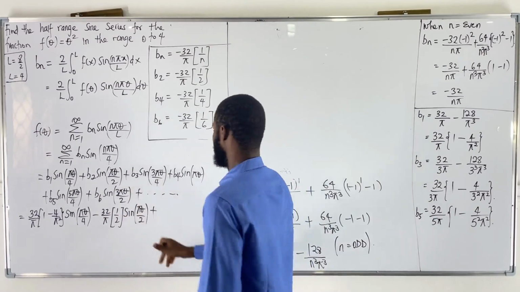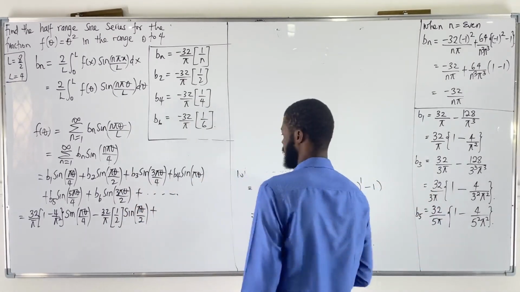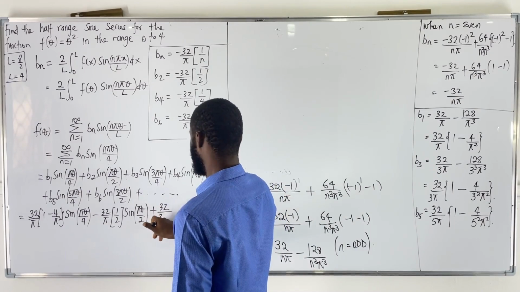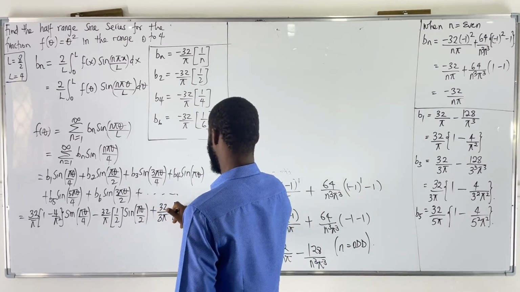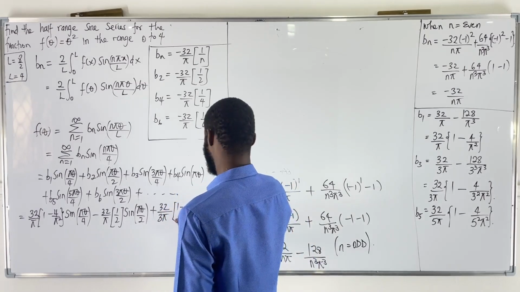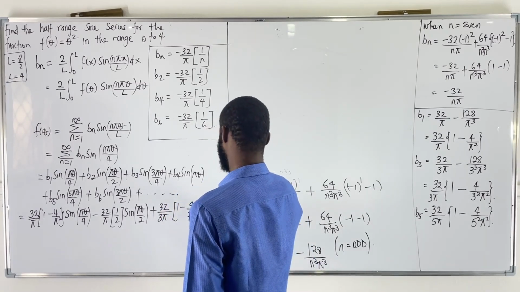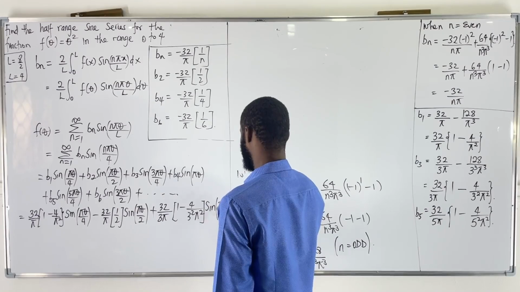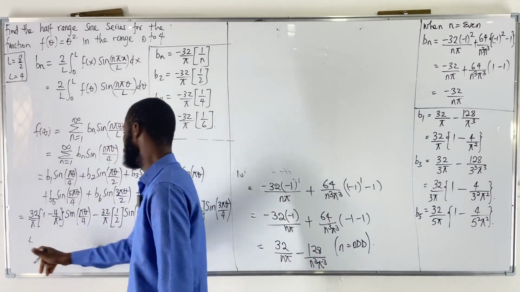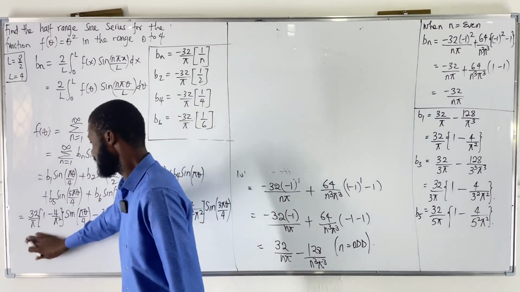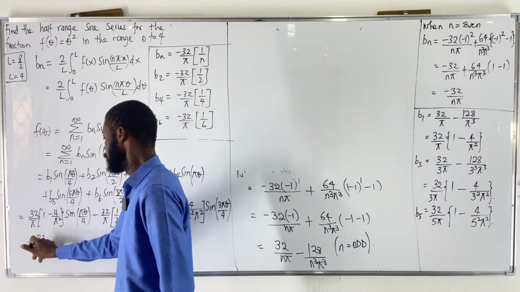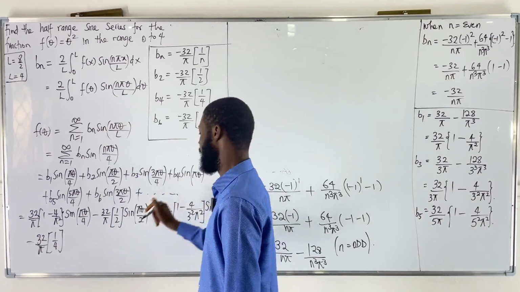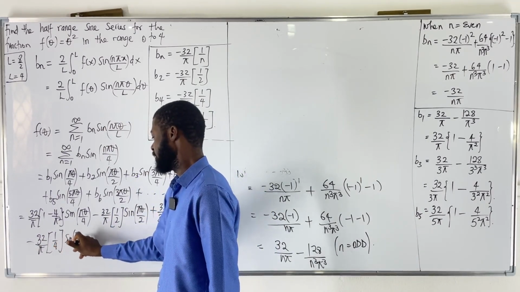Next, b3. So b3, this is b3. So that's 32 divided by 3 pi into 1 minus 4 divided by 3 squared pi squared. And then we're going to have sine 3 pi theta over 4. Then plus b4, this is b4. So that's minus 32 over pi into 1 over 4 sine pi theta.